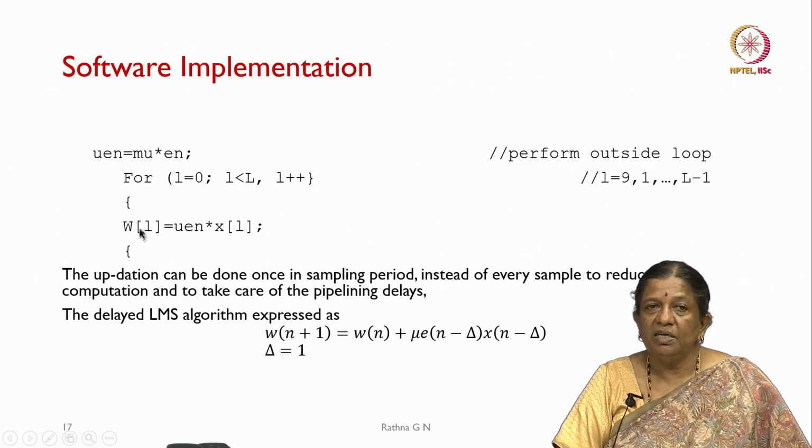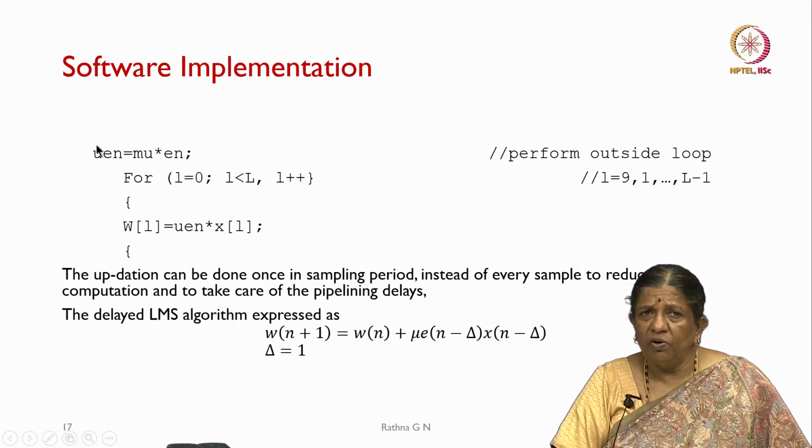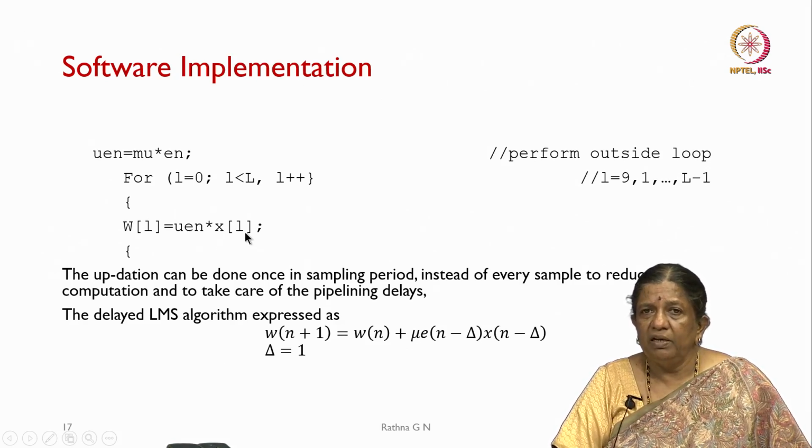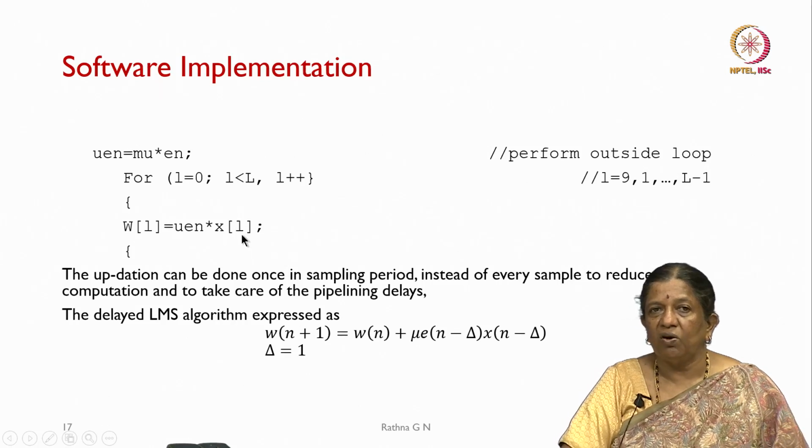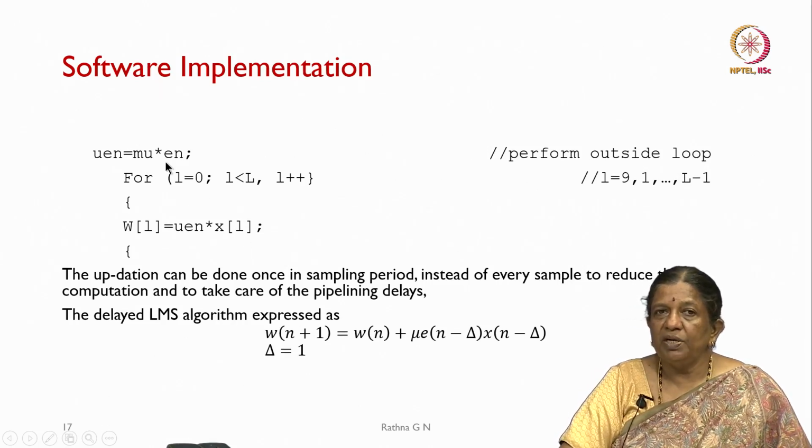The w of l is calculated with respect to mu e of n, which you have calculated, into x of l. So, you need not do this multiplication inside every time, which is consuming. If you do the multiplication within the loop it will be adding on. Instead of that, you compute it and keep it outside and then use it, so you will be reducing the multiplications.